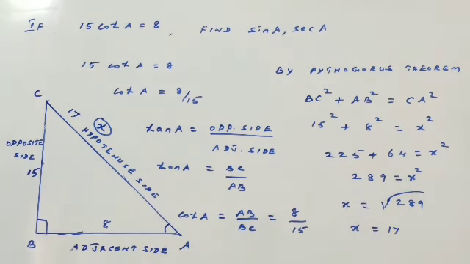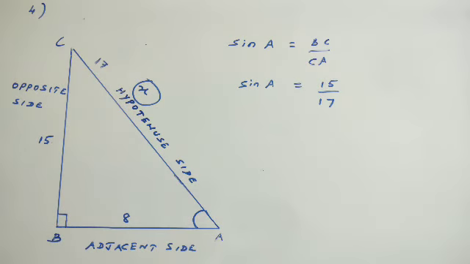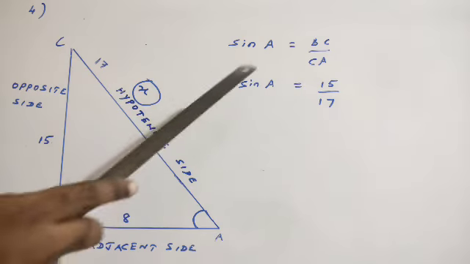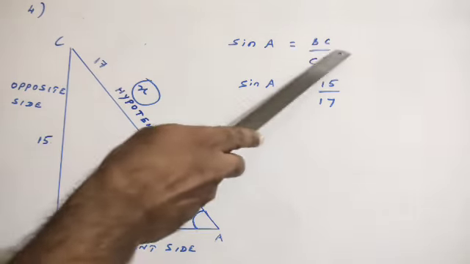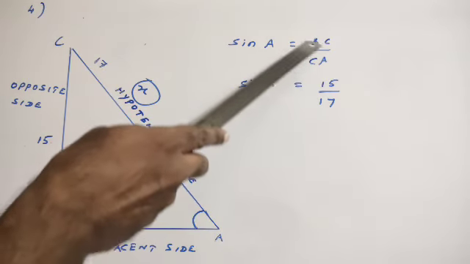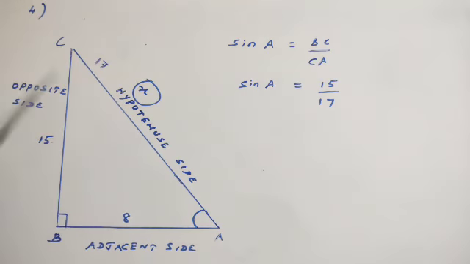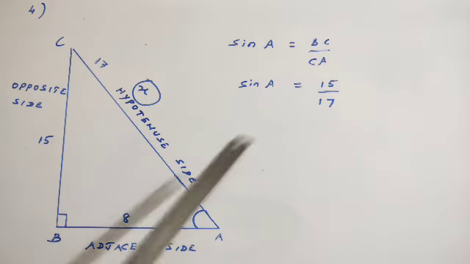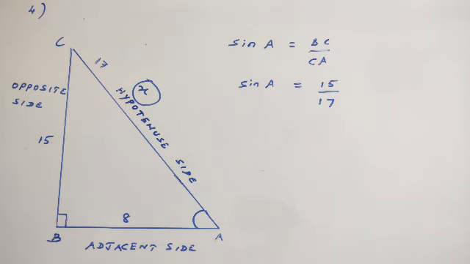They are asking to find sin A and secant A. So after getting the value of x, we have to find sin A. Sin A equal to BC by CA. Opposite by hypotenuse. Here opposite side is BC, hypotenuse side is CA. So 15 for BC and 17 for CA. So sin A is 15 by 17.